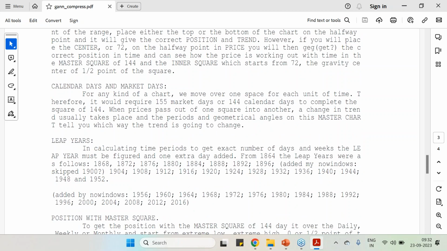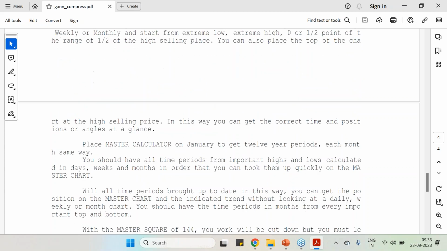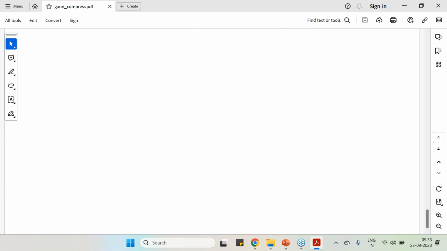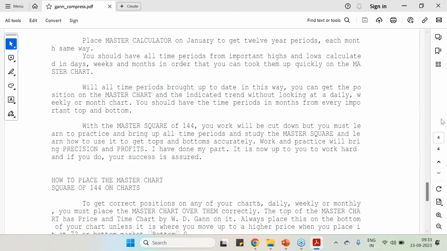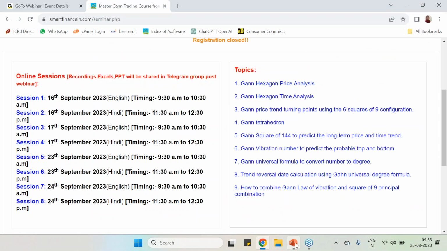But the main factor here is the leap year concept, that these are the leap years where you can have great significance of this Gann square of 144. It also speaks about the master square and how it has come. But how those numbers came, how this part of our calculations developed out of that, nothing is spoken about that.